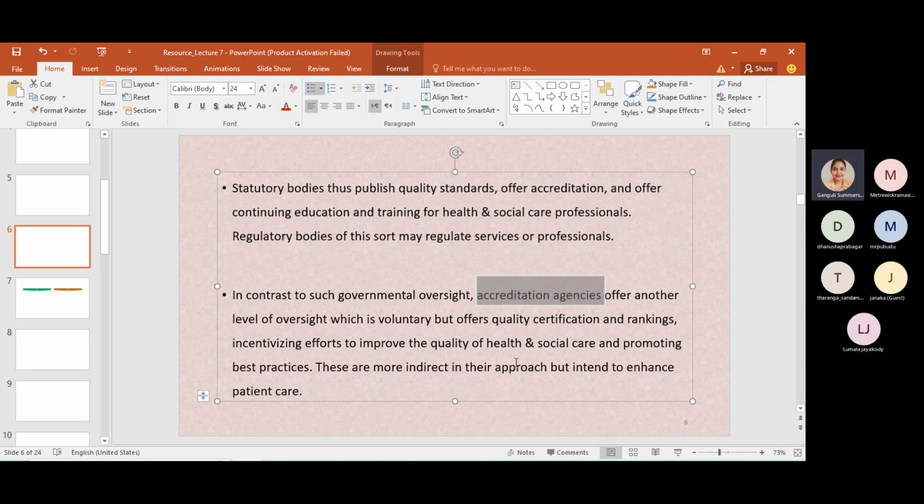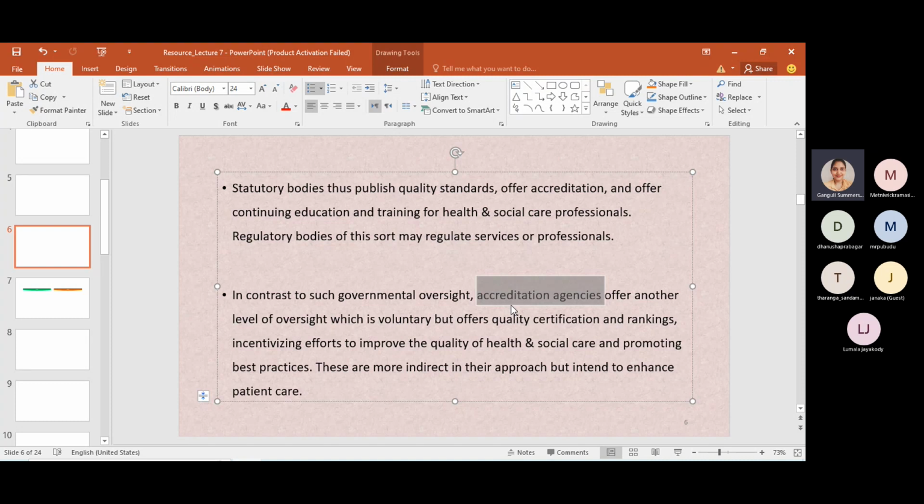Okay, so the importance of accreditation is that it helps you to gain your customer base, basically. For example, if you need to have a medical examination done, we prefer to get it done in an accredited laboratory, right?